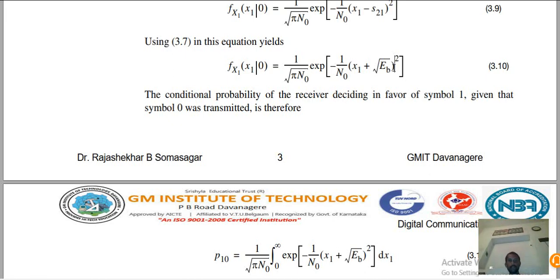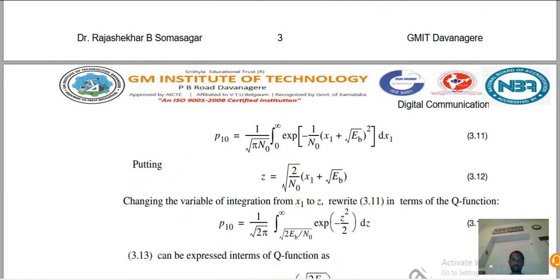The conditional probability of the receiver deciding in favor of symbol 1, given that symbol 0 was transmitted, means symbol 0 was transmitted but it is deciding in favor of 1, so we can define this as P10, the probability of transmitting 0 and deciding it is 1.